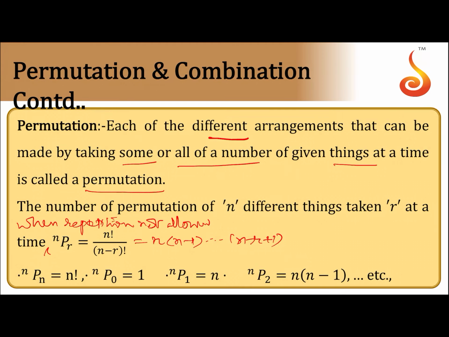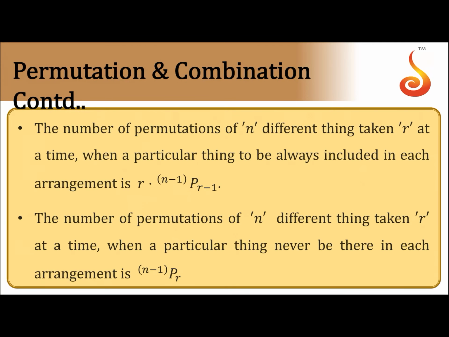Of course, specifically when repetition is allowed, the number of permutations of n different things taken r at a time is equal to n to the power of r. And of course, nPn is n factorial, nP0 is 1, nP1 is equal to n, etc.